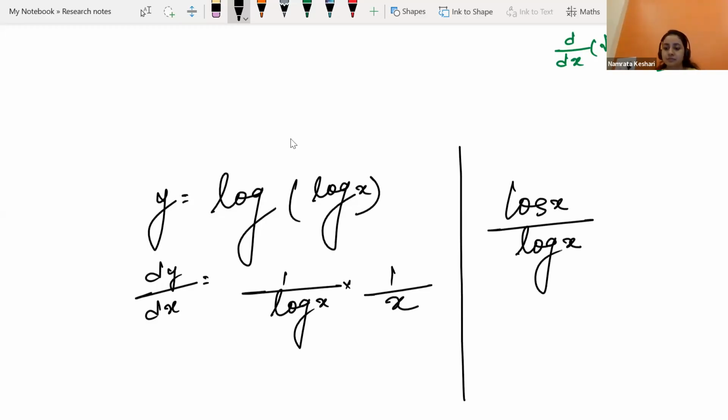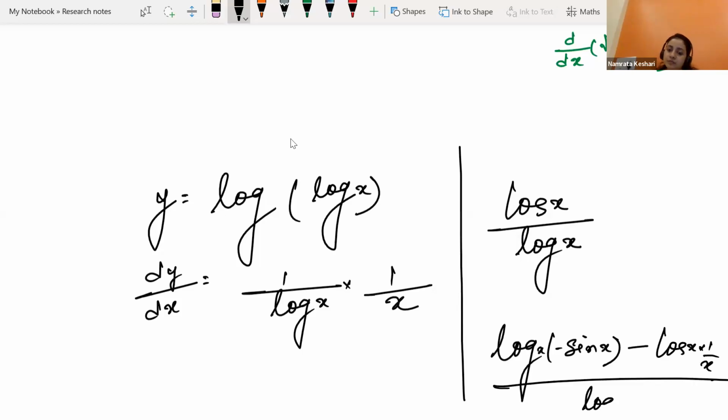Log x can apply into minus 1, this power x into minus x. Minus cos x into 1 by x divided by log square x.